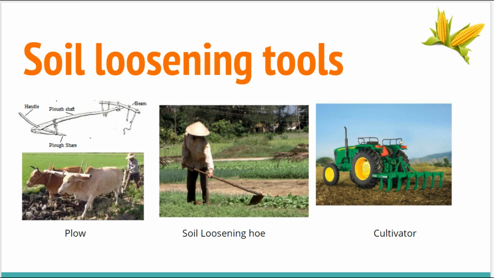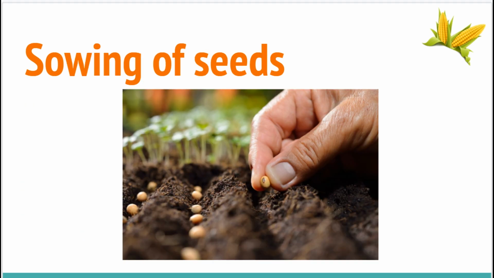A tractor is run with the help of diesel oil, thus it runs faster and loosens the soil in a small duration of time. So you can see a cultivator in the picture on the screen. The loosening or preparation of the soil is successful using different tools.